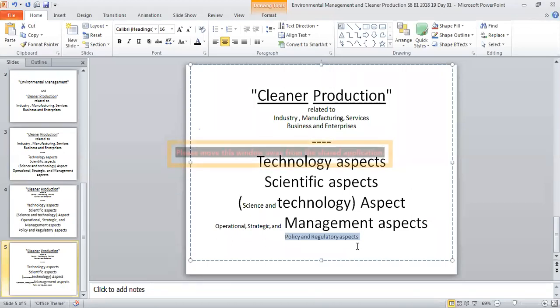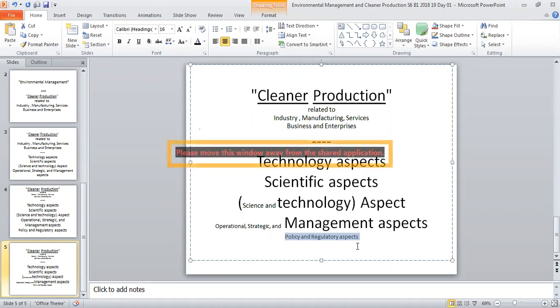And when it comes to, let's say, social media, they have their own environment. But of course, those are environments too. But here, in environmental management and cleaner production, the environment means what?